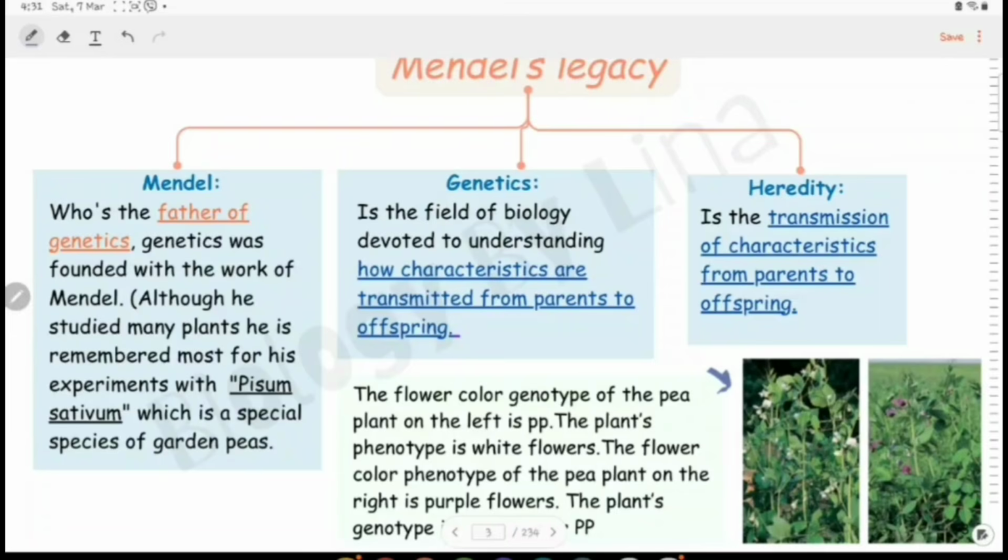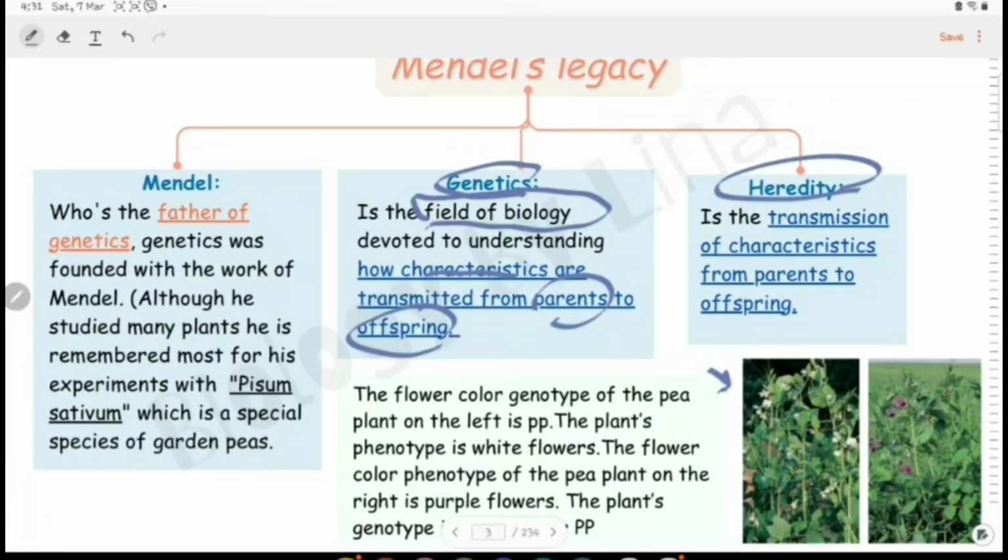Now, what is the main difference between genetics and heredity? When we say genetics, it's a field of biology, the science that studies how characteristics are transmitted from parent to offspring. But when we say heredity, it means the inheritance of the trait or the character. So it's the transmission of characters from parent to offspring.